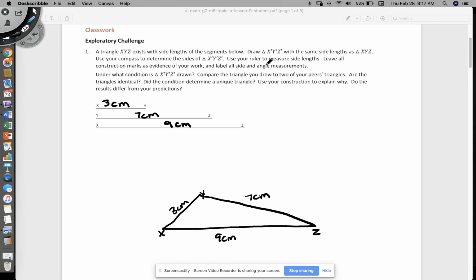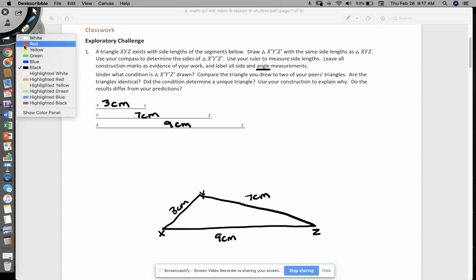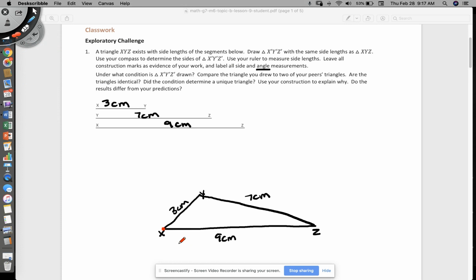Then it says, once you do all your side lengths, what are your angle measurements? So take your protractor, put the center of your protractor right here on that vertex, and find out where this line hits your protractor. It should be around 45 degrees. All right, I want you to find the measurement of that angle and the measurement of that angle.